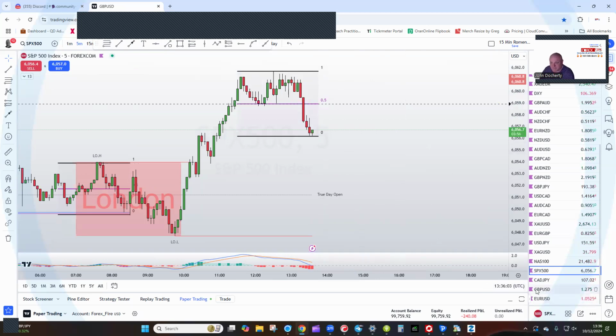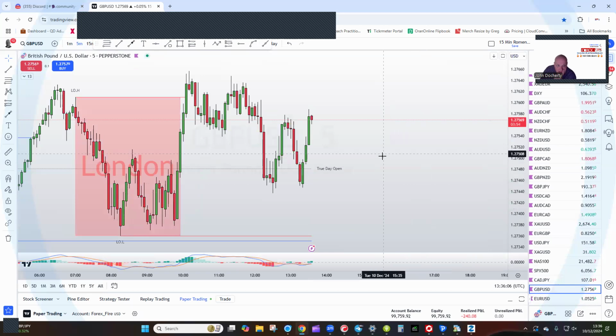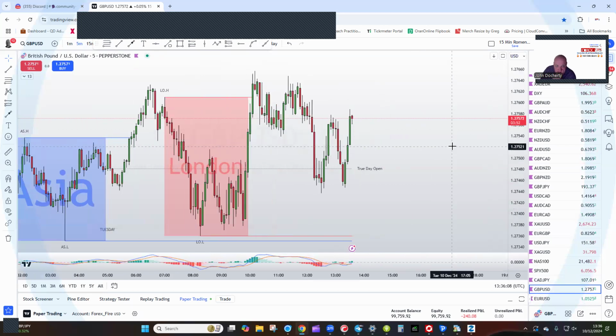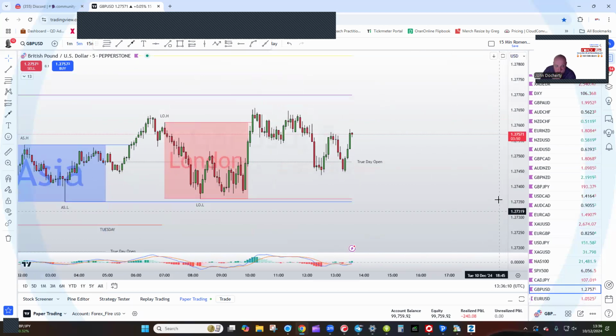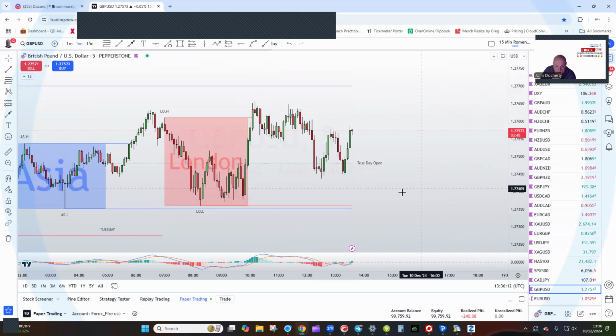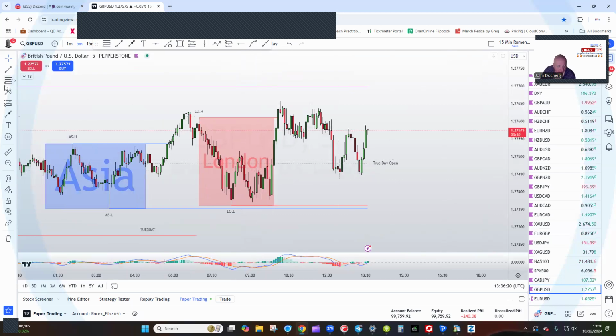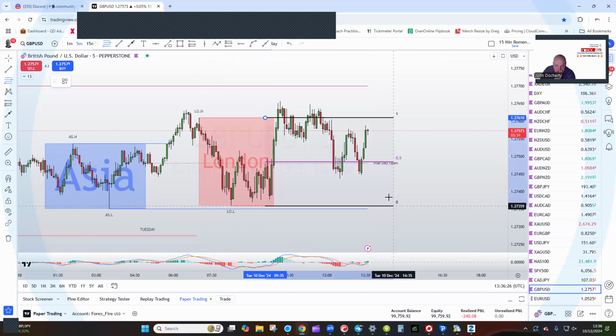On the GBP, I've got no interest in this as such at the moment, although we have swept the high on the London. We've come back down into around about 50%, and we are taking the market structure from that.